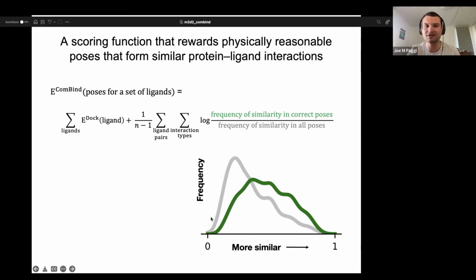One thing is that since this scoring function was relatively simple, we frankly weren't that worried about overfitting, because the contribution of any one protein to the scoring function was pretty minimal.